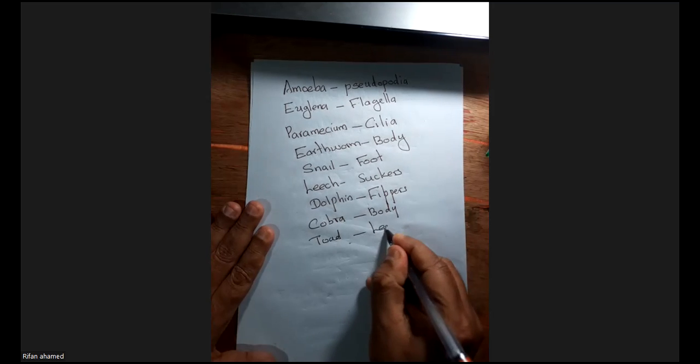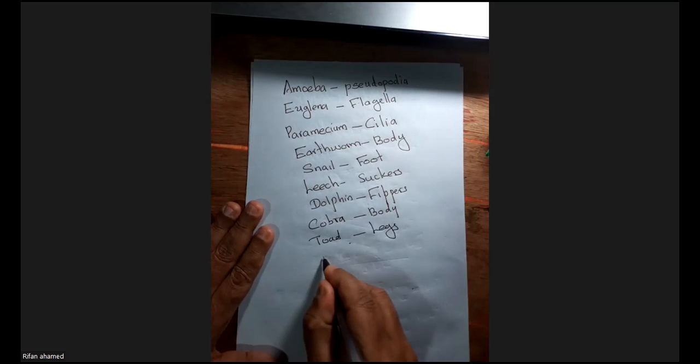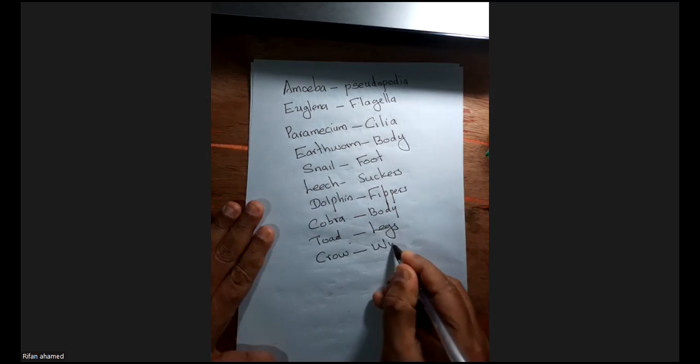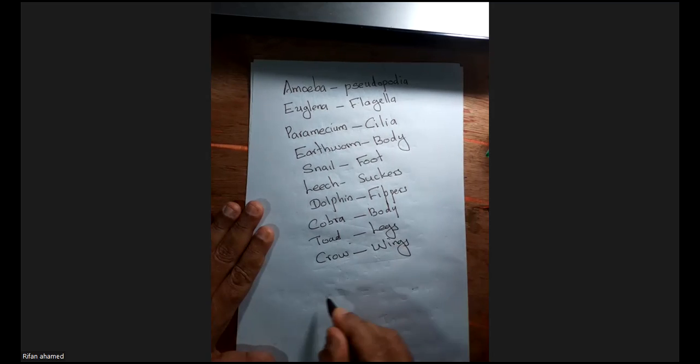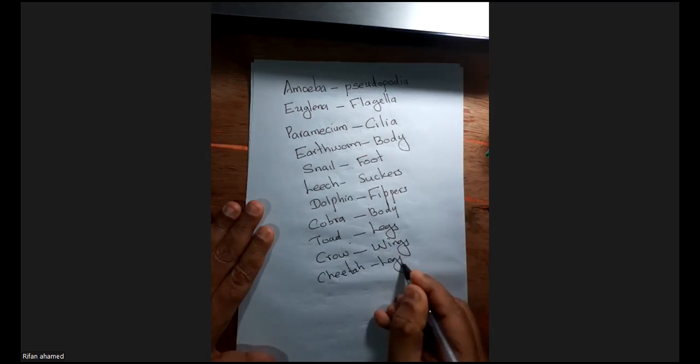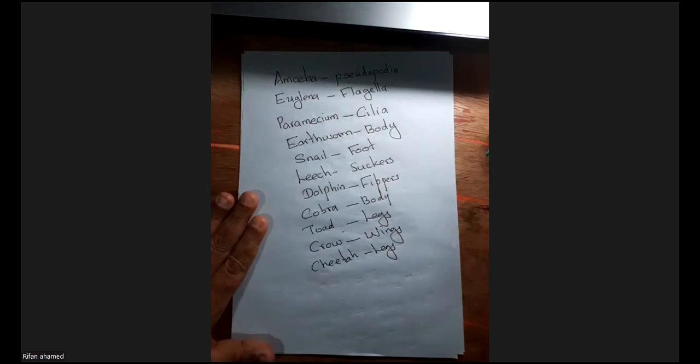It uses legs to move. Next given organism is crow. It uses wings to move. Next given organism is cheetah. It uses legs to move. And next given organism is human. Humans also use legs to move.